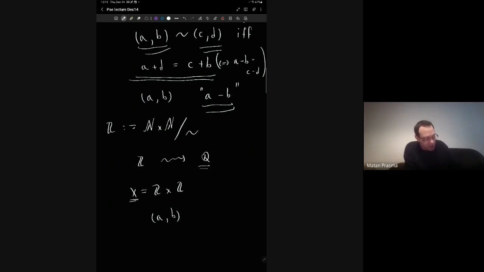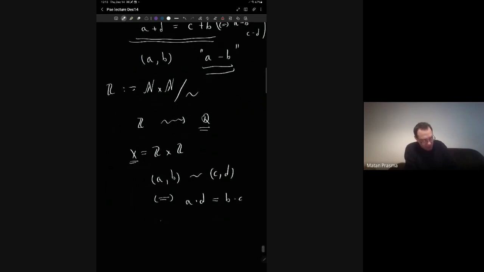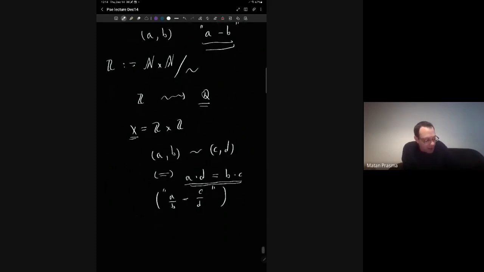I define an equivalence relation on this set of pairs of integers: (A, B) is equivalent to (C, D) if and only if A times D is equal to B times C, which is of course secretly saying that A over B is the same as C over D. But if I didn't have division defined, this would be the way to go.